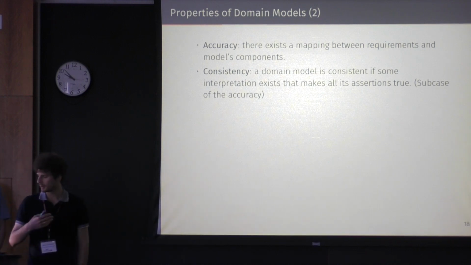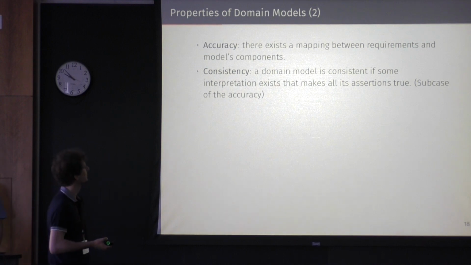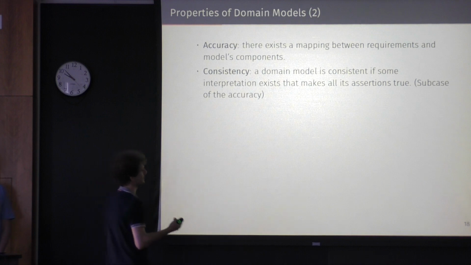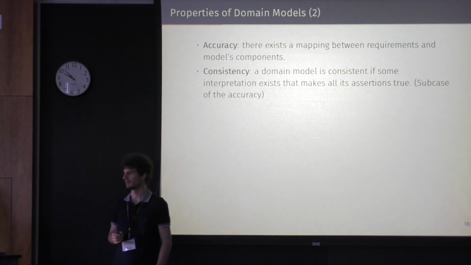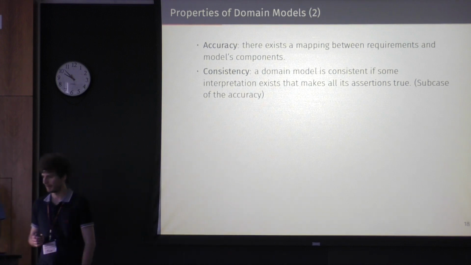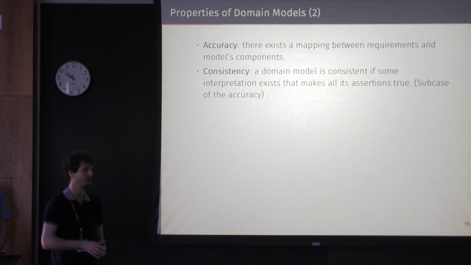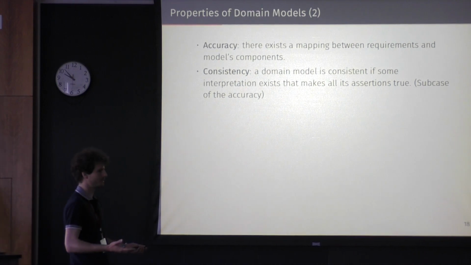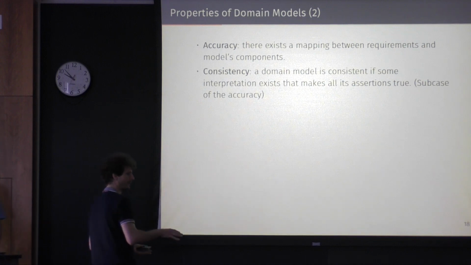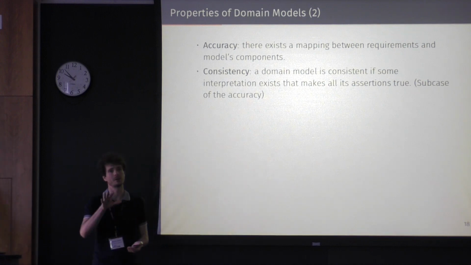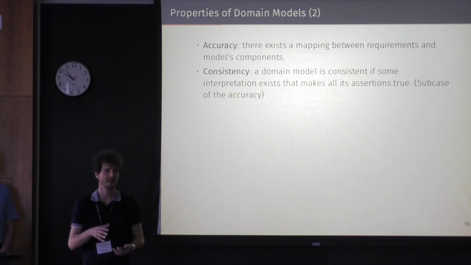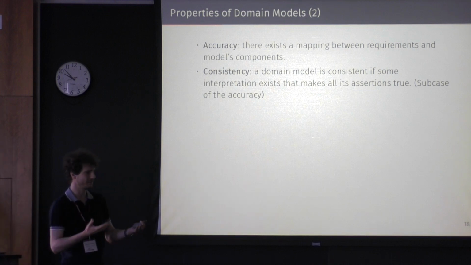So you are saying that your domain model is consistent if some interpretation exists that makes all its assertions true. This is somehow taken, I think, from SAT. But the overall idea is basically that you create your model and then you check if everything works. So if you're speaking about PDDL, you have some operators, you have some predicates, and then you check, okay, could this operator ever be used?